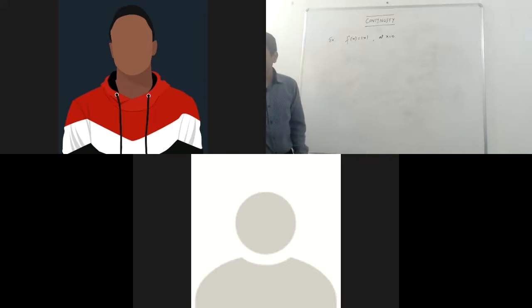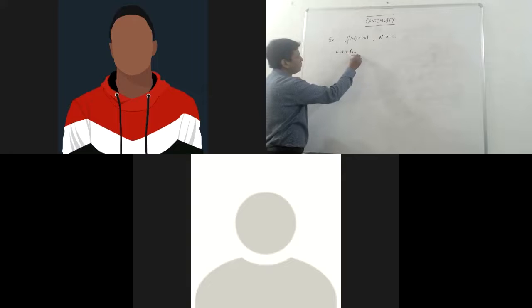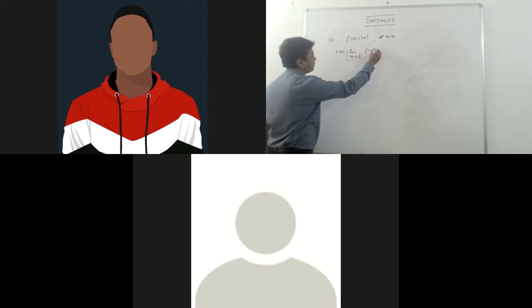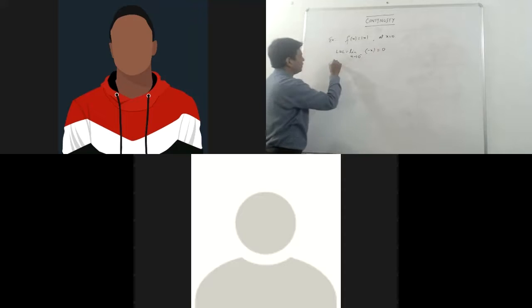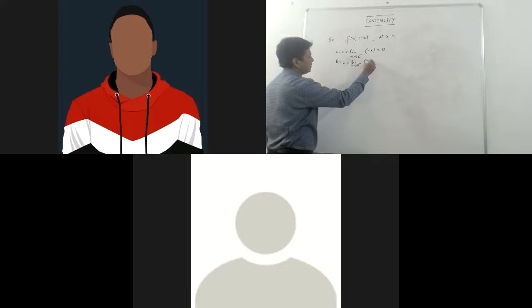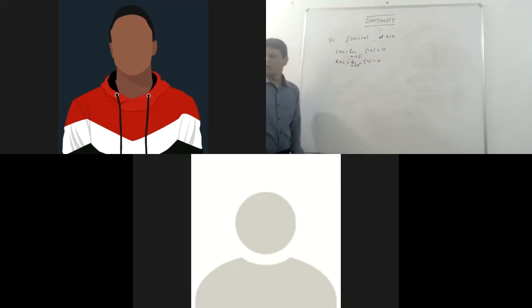We will check first the limit. Sir, wait, just a second. I guess it will be continuous at 0. Yes. It will not be differentiable at 0, but it will be continuous at 0. So the limit exists at 0.